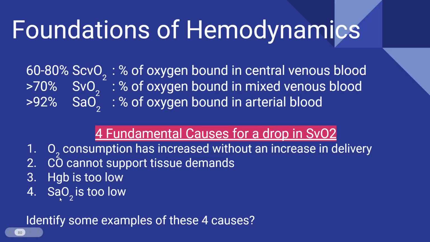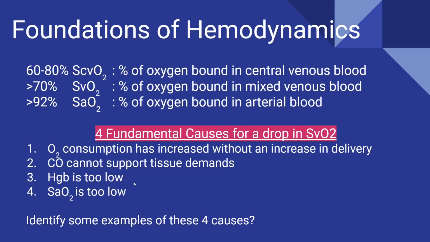And then if your actual saturation of your arterial oxygen is too low, and there are a lot of things that could cause that, if the saturation is low in the first place, then it's going to come back even lower because you've still used the same amount, but you started with a lower amount.